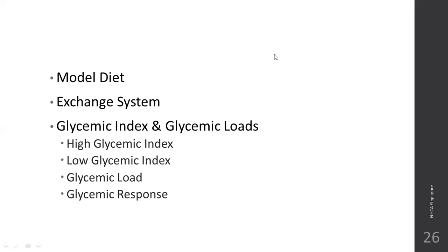So glycemic index is just a relative ranking of carbohydrates in food. It shows how different foods affect the blood glucose level. Diets which have low glycemic index are associated with lower risk of chronic diseases like diabetes.